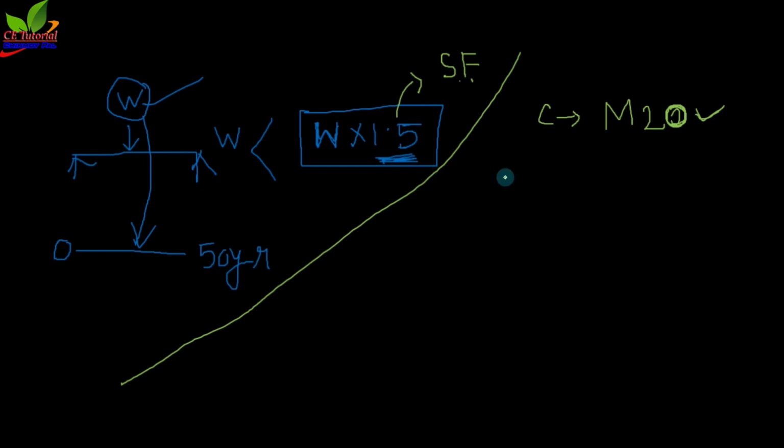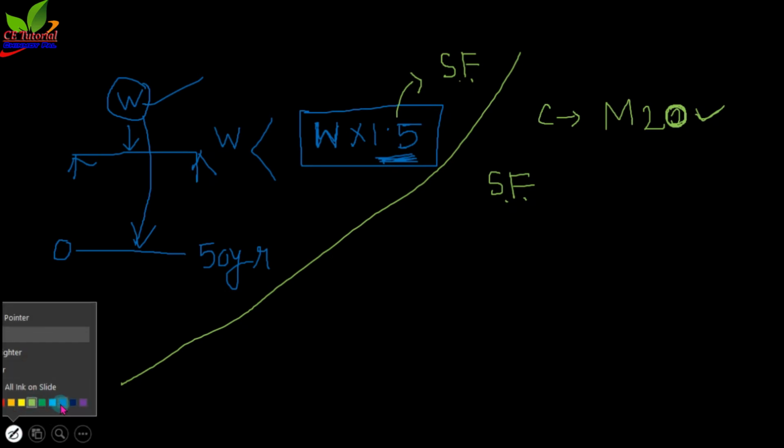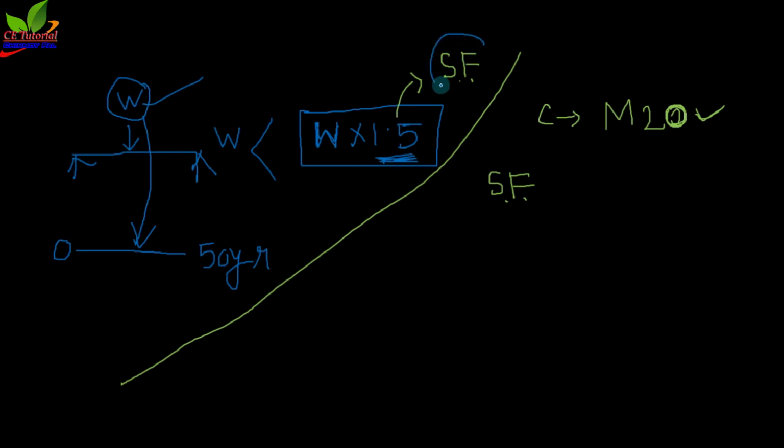So this factor of safety will decrease the strength of the material. Please keep in mind, for the load case the factor of safety will increase the value of the load, and the factor of safety for material will decrease the strength of the material.